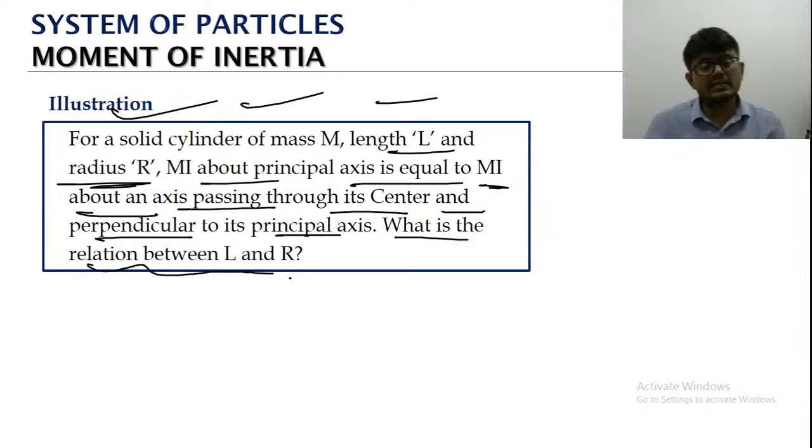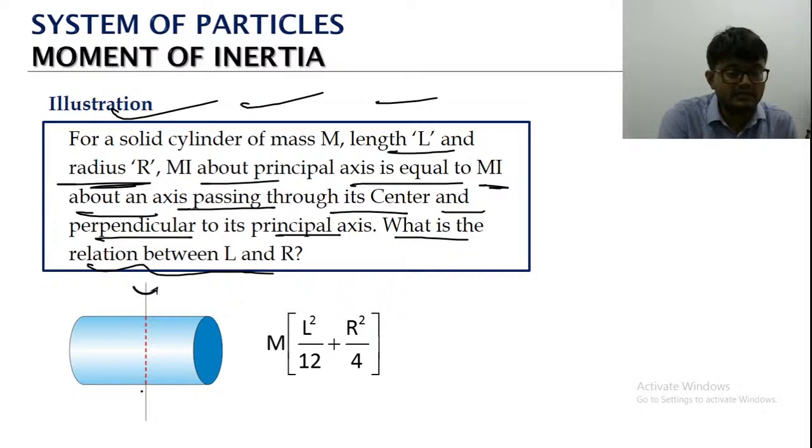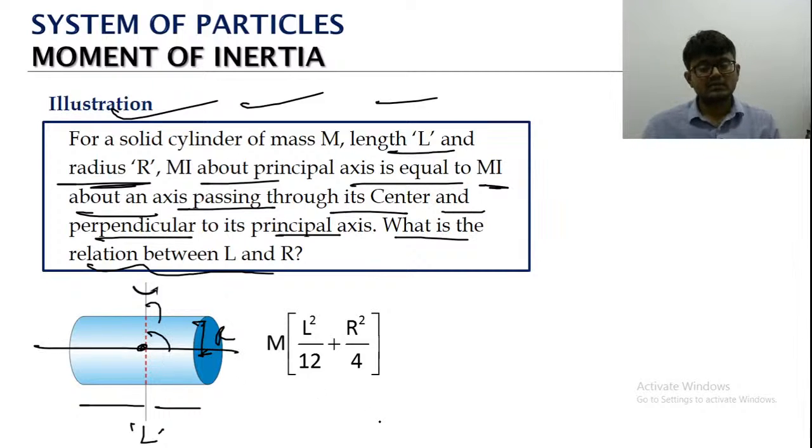We have to get the relation between L and R. L is the length of the cylinder, R is the circular face radius. So this axis, passing through the center and perpendicular to the principal axis, has moment of inertia M into L square by 12 plus R square by 4.